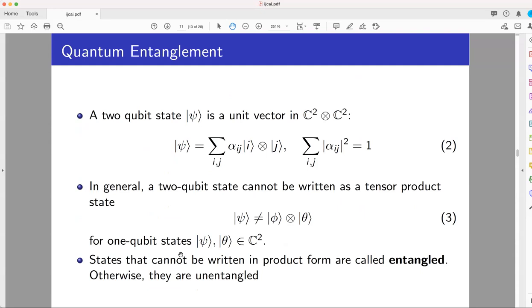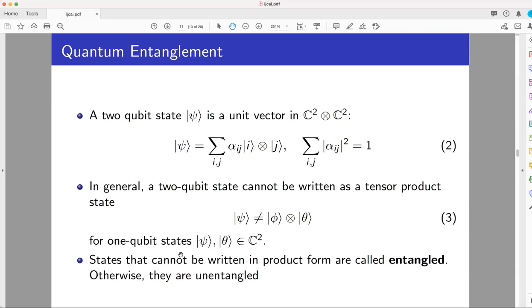Such a two-qubit state can be decomposed as a linear combination of the basis states of the tensor product Hilbert space, but it cannot be decomposed into the direct tensor product of two states in the Hilbert spaces. So it can be seen as a linear combination, but it cannot be directly decomposed into a tensor product of two vectors. If such a case holds, we call this property quantum entanglement.